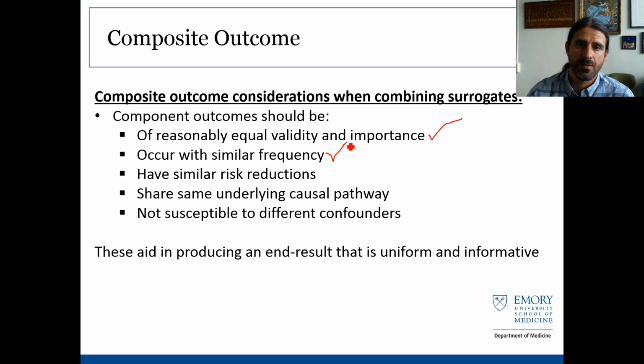So if coronary revascularization happens 10 times more frequently than death, again, it'll tend to really overpower and carry too much of the weight of the composite outcome. So they all should happen at roughly the same frequency, so there's balance within the components of the composite. They should predictably, and you can't always know this, have similar risk reductions.